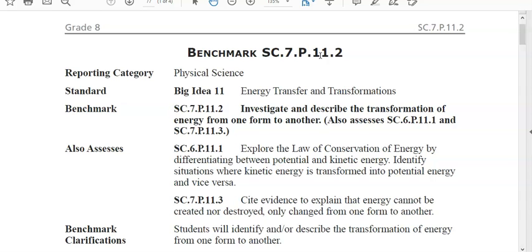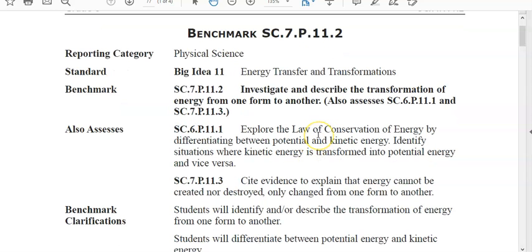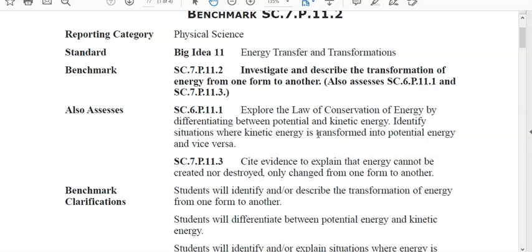Well, in 7th grade, the first DIA, the first 9 weeks, we have 11.2 and 11.3 on the curriculum map. You'll notice this is 11.2, but where's 11.3? Well, it's right here because it's also assessed on this with these benchmark clarifications and content limits.